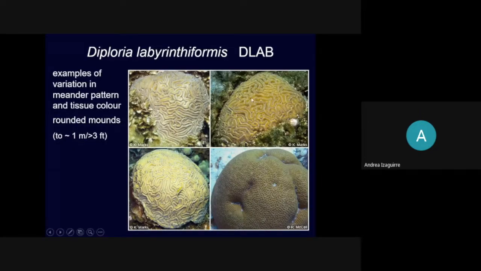All of these pictures are variations of that exact same coral. For the most part, it grows into a rounded mound, which is why this coral is also known as the true brain coral.